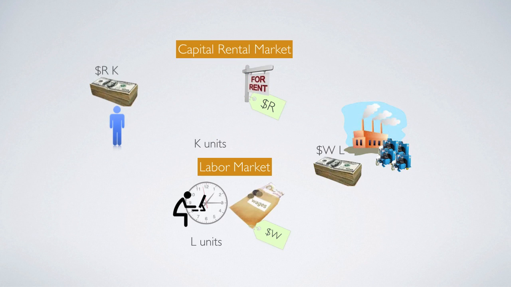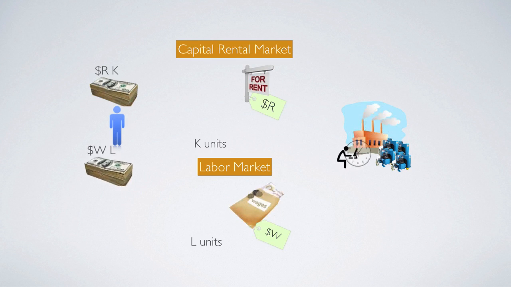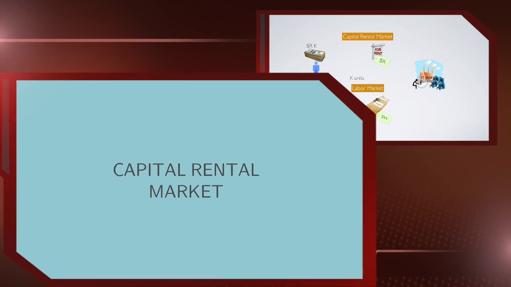And for labor, the firm has to pay W times the labor amount L to the household in order to hire the household to work for the firm for one period. Now we are going to look at those two input markets separately. We start from the capital rental market.